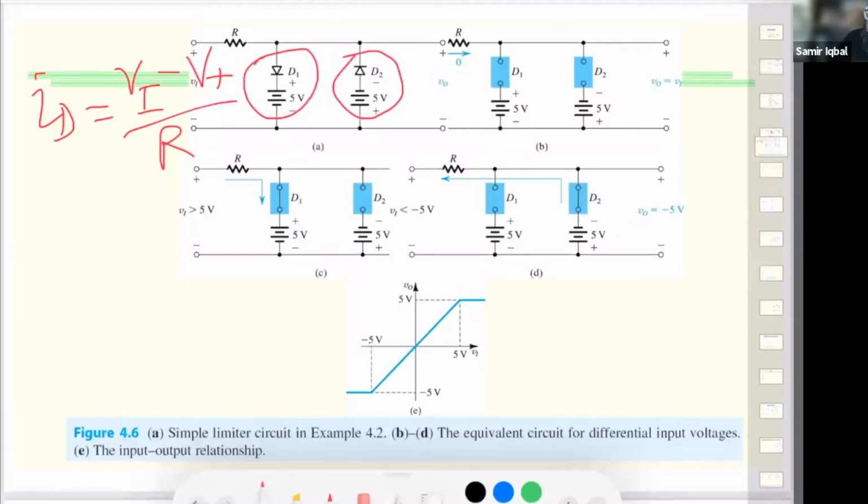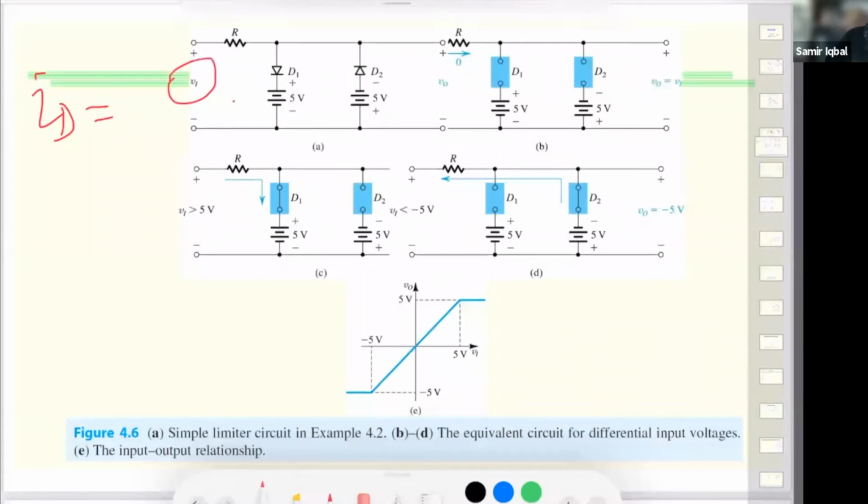Let me show this again from the previous slide. When this is larger than this, we have forward bias. That would be the case for this circuit. In this case, the second diode is open circuit, and there's no current flowing there.